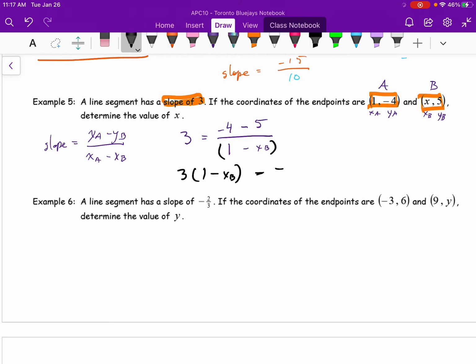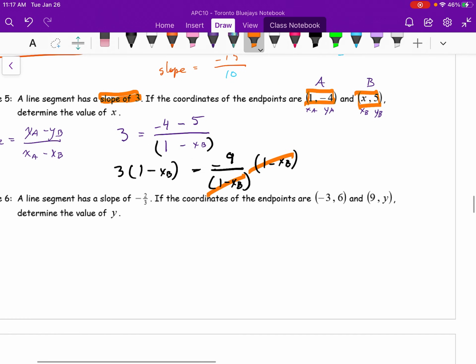And I'm going to fix up the top. The top, -4 minus 5 is -9. The reason I multiplied by 1 minus XB is so that I would have a common factor on the right-hand side and I could cross them out.